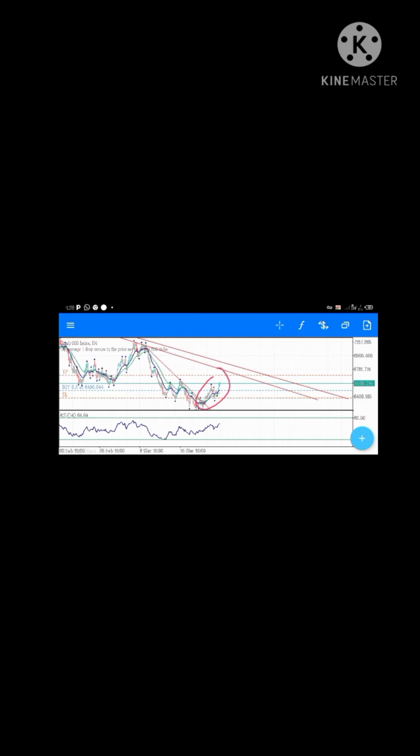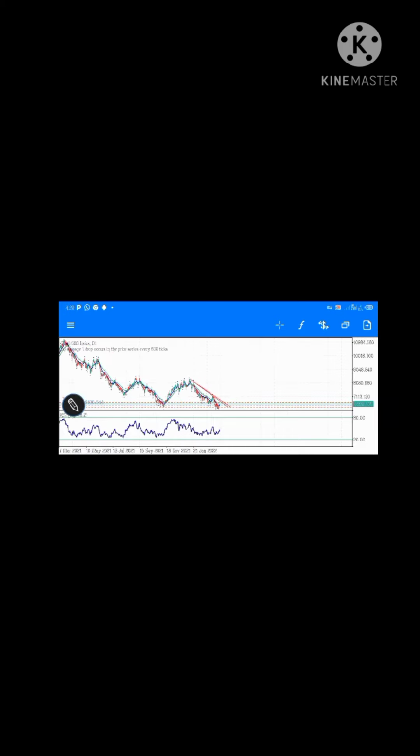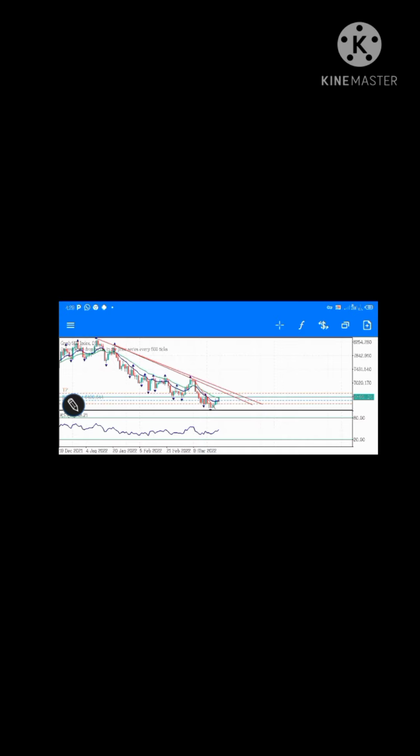Then the next thing is to determine your take profit. You put your stop loss below the support if it is a buy trade, and above the resistance if it is a sell trade. On the daily time frame, to know where to put your take profit: the overall trend is a downtrend and you entered a buy trade, so you join the highest point of resistance on the daily time frame.